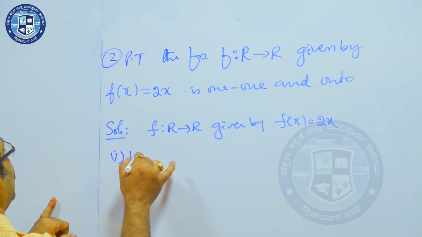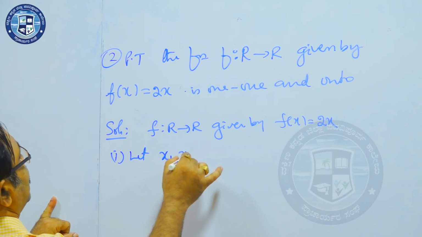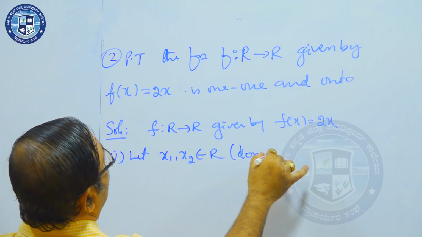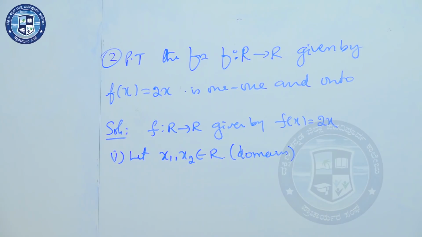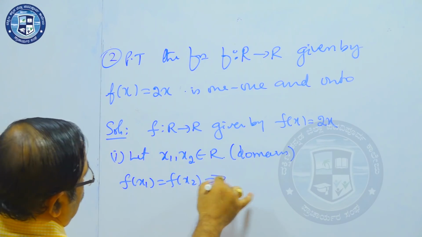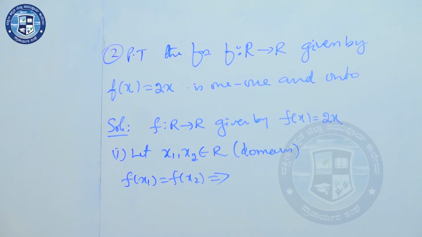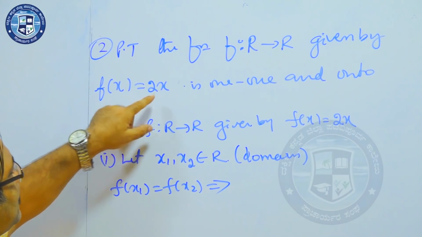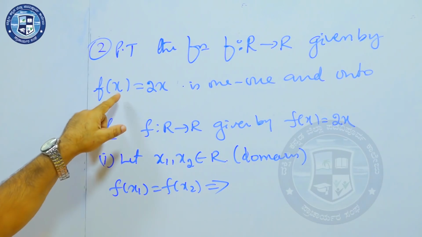So, I am writing, let x1, x2 belonging to R, that is, domain belonging to R. Now I am writing f of x1 equal to f of x2. What does it imply? f of x is 2x, no? What is f of x1?